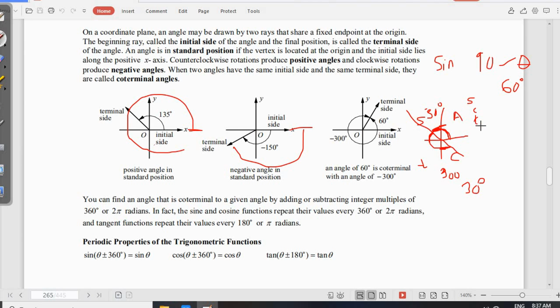So if you check sine 30 on this first quadrant, it will give you the same thing as 300. If you check sine 150, that's sine 90 plus 60, which is 150, you're also going to get something equivalent to cos 300.